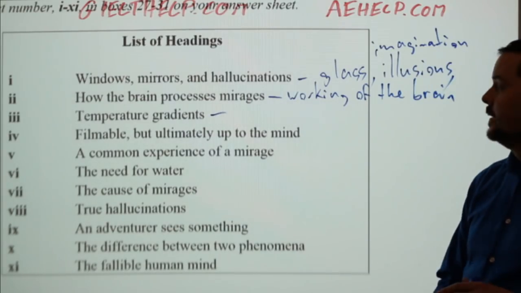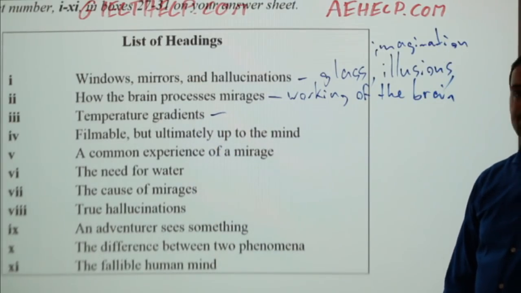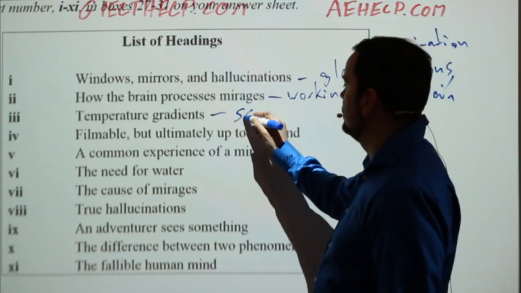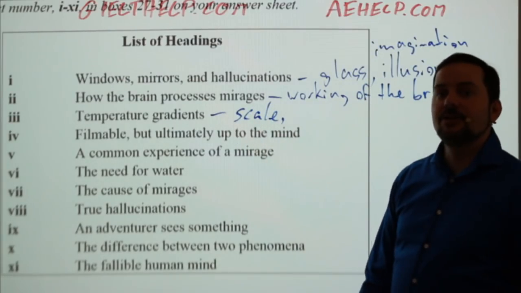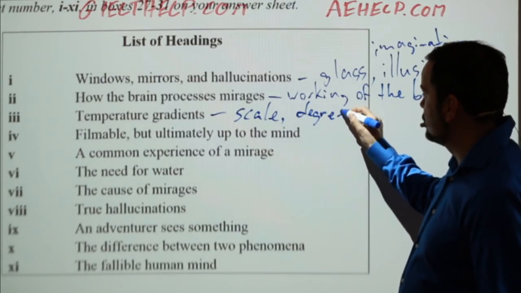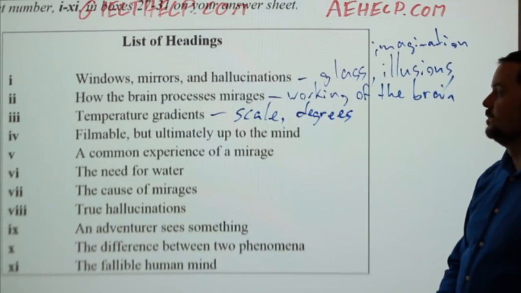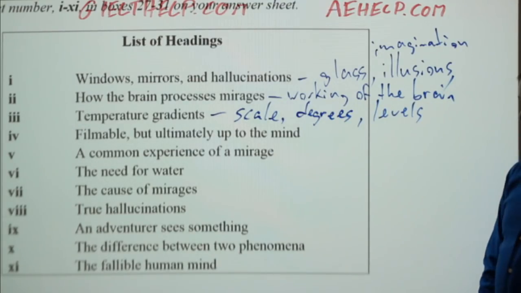Gradients, what's another way to say gradients that's a little bit more accurate? Scale, yeah, scale of temperature, sure. Or instead of scale, the degrees of temperature, yeah, is the actual more accurate term. Degrees, the levels, okay? So those are all good.